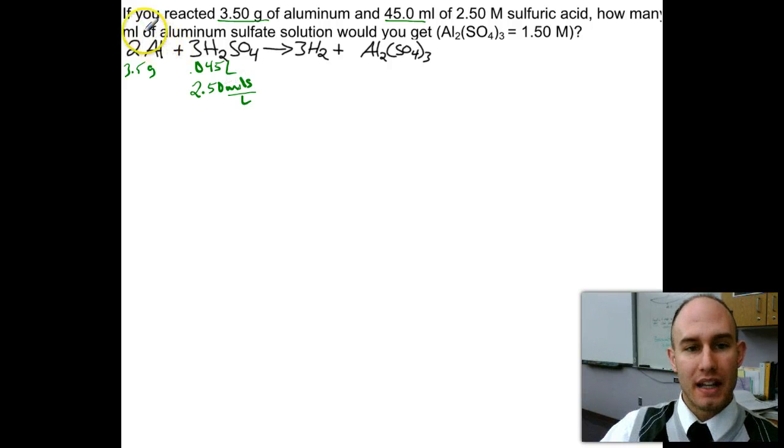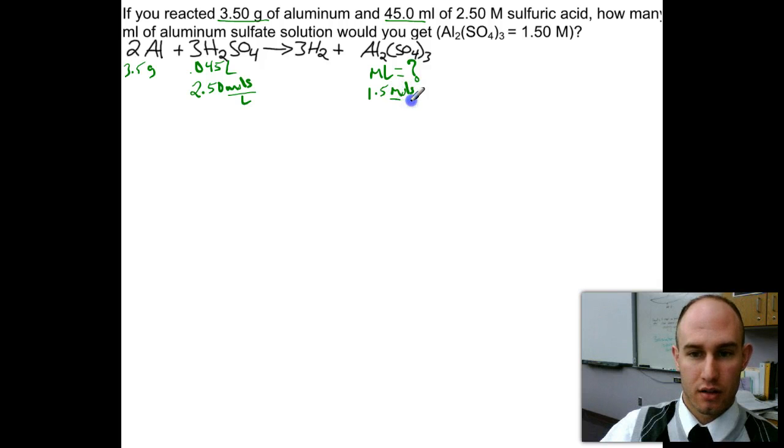How many milliliters of aluminum sulfate solution would you get? And it's telling you the aluminum sulfate concentration is 1.5 moles per liter, right?